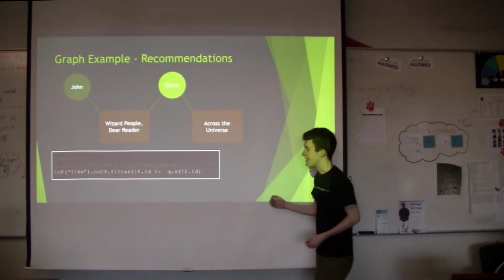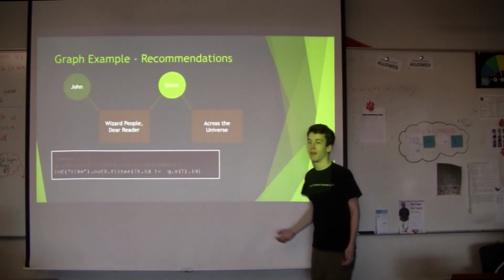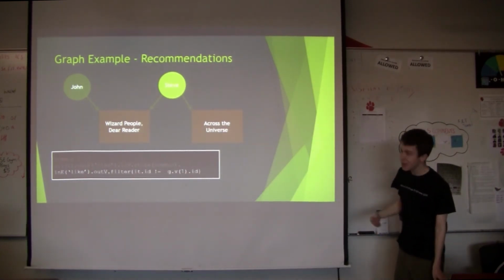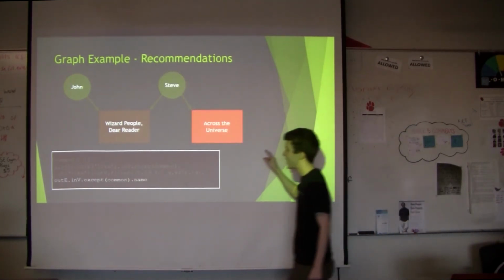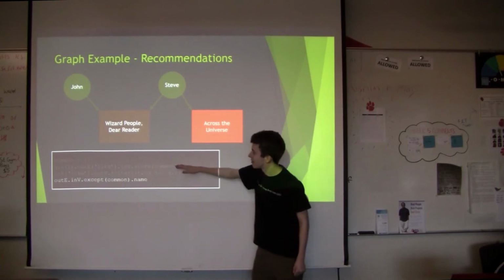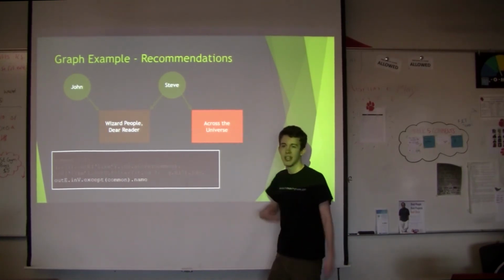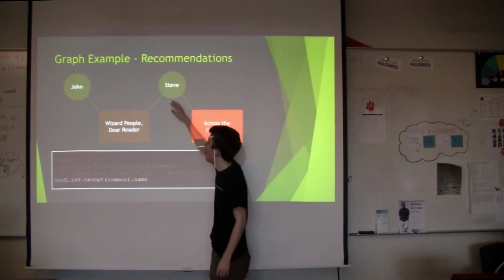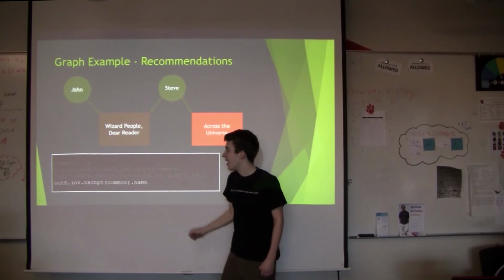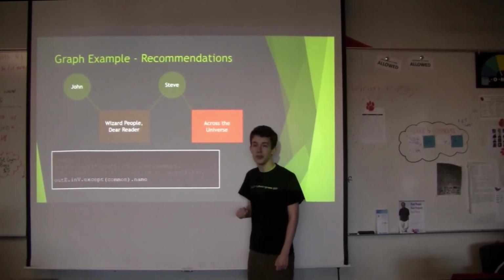So now we've finally gotten to Steve, and all other people who actually like any movie I've ever liked. Finally, we need to get to that last movie. Notice, by the way, I'm just compounding these by putting a dot and still writing. You could store them to variables and keep going, but I'm just compounding it into one. So we grab all edges out of Steve, and then all of the movies they relate to.